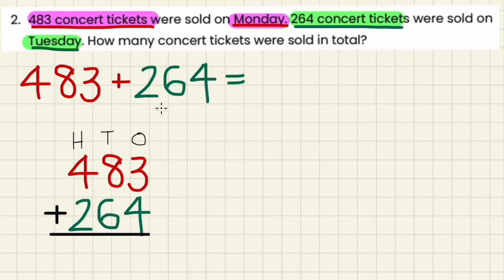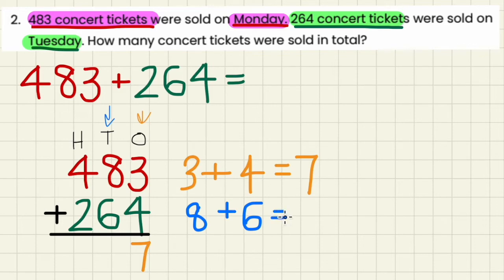We can write that in vertical form. And the first thing we have to do is to add the ones place. So 3 plus 4. Do you know what 3 plus 4 is? That's correct, it is 7. So let's write 7 on the ones place. And now we can move on to the tens place. What is 8 plus 6? It is 14. 14 is a double-digit number, which means we have to carry the 1 to the hundreds place.